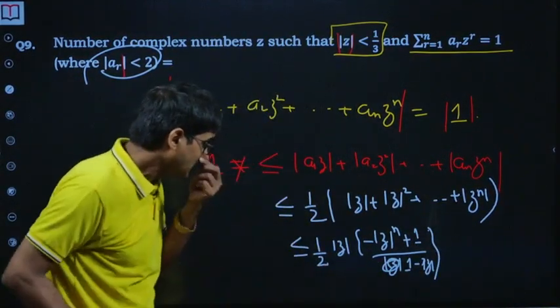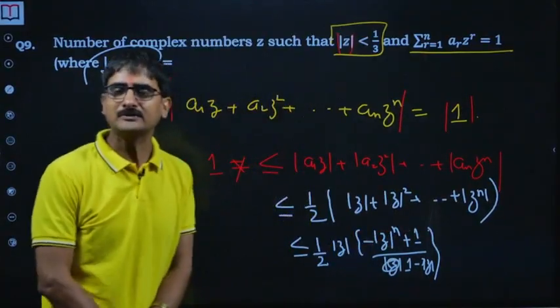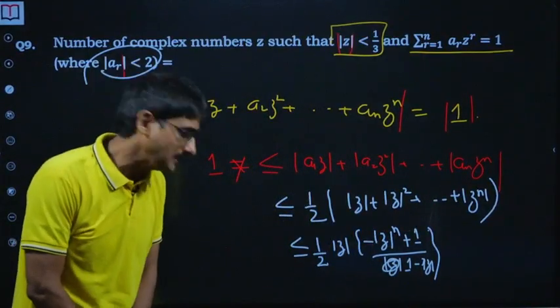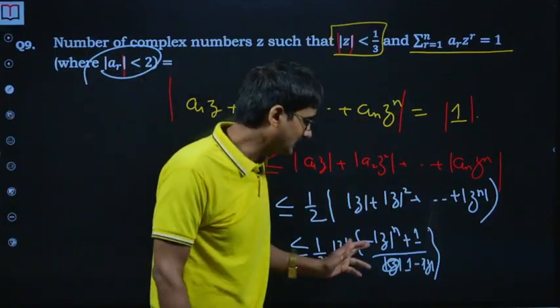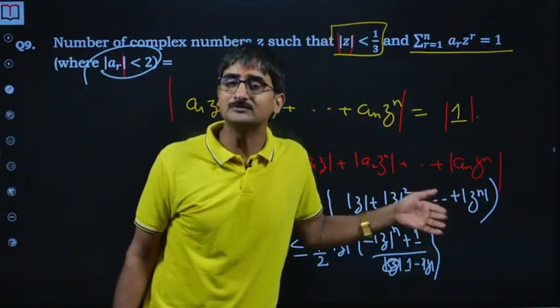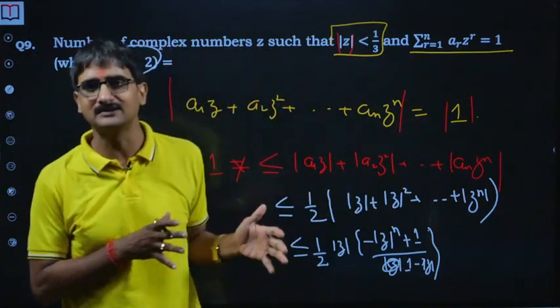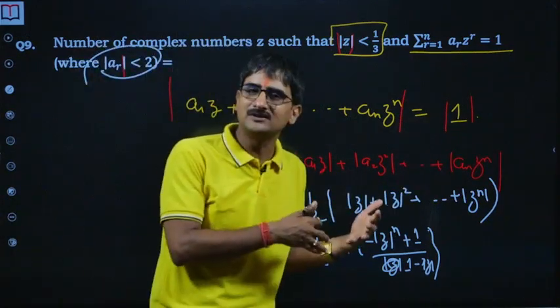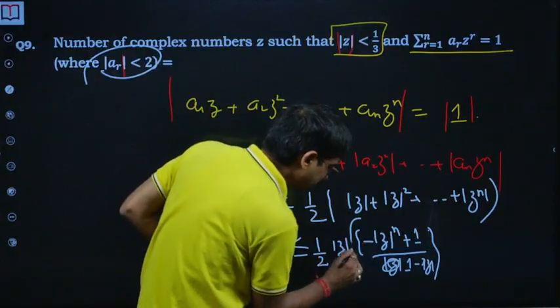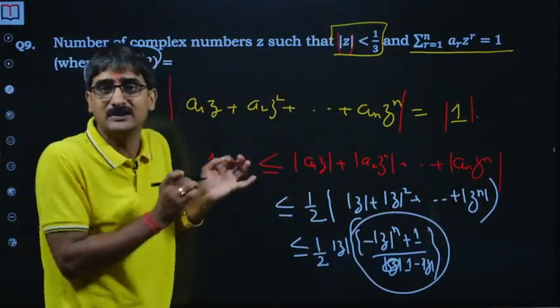Now again, if I take it to the maximum value, with the maximum possible number of terms, infinite, since you are adding the numbers, the maximum value of this expression is when n is infinity.